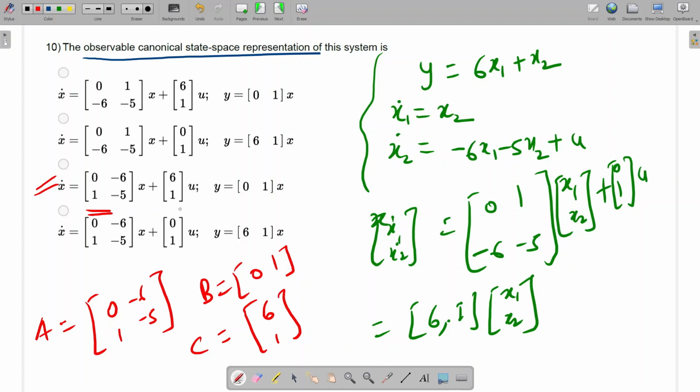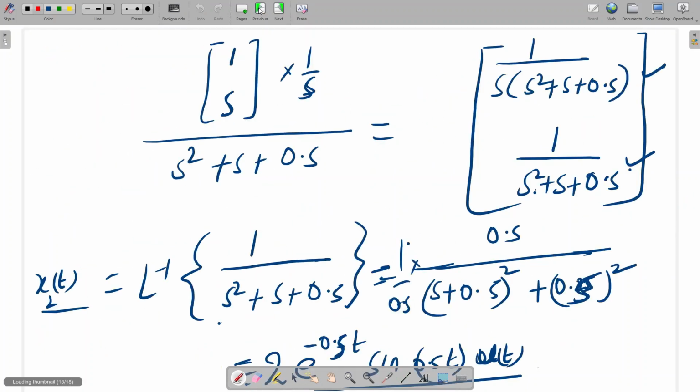But here something is off. According to the formula, it should be like this. B should be 0 1. Already I have explained and written this. One second, I will see one step.